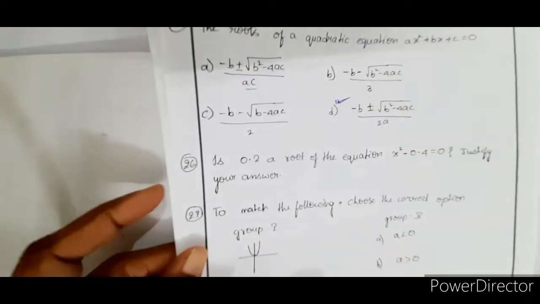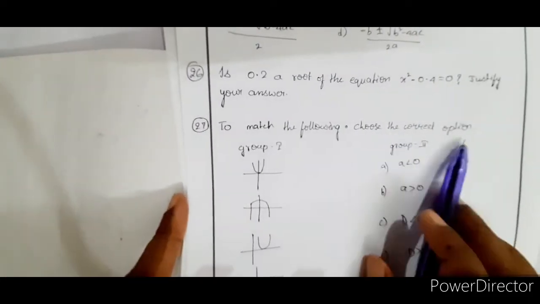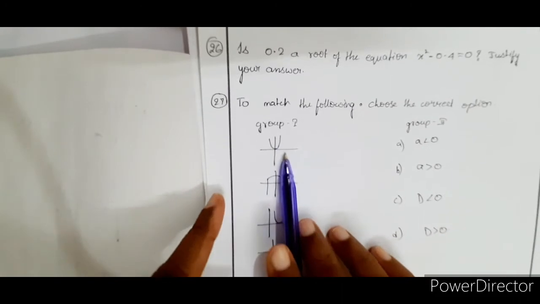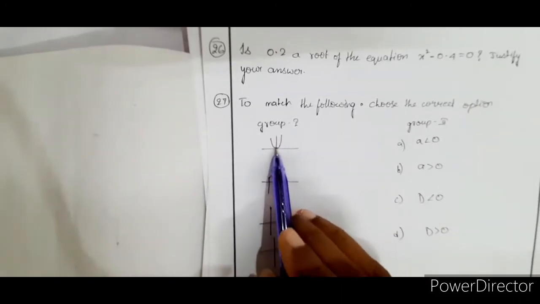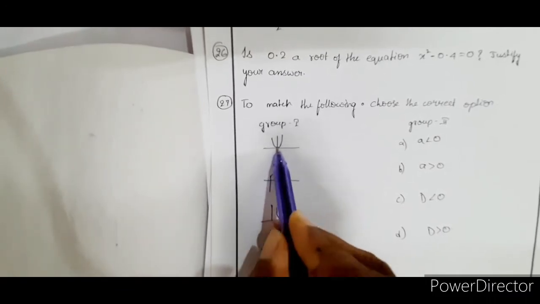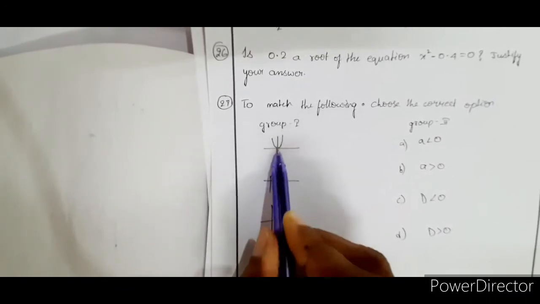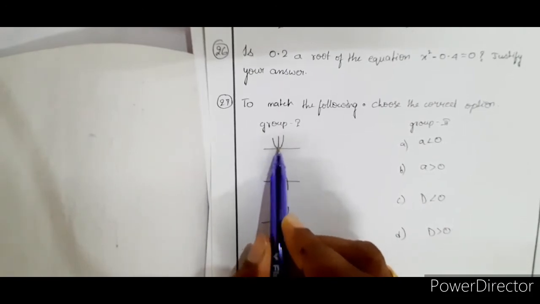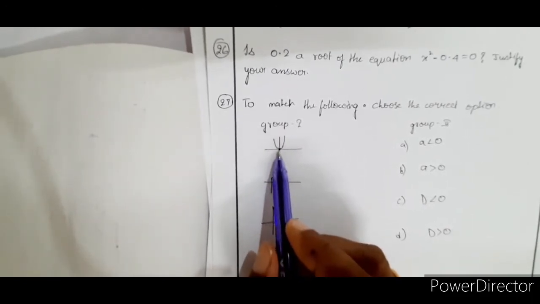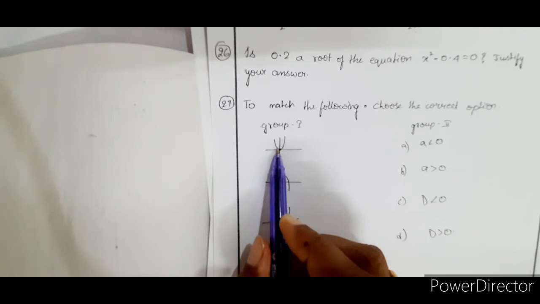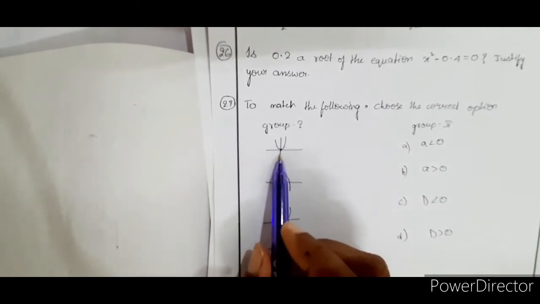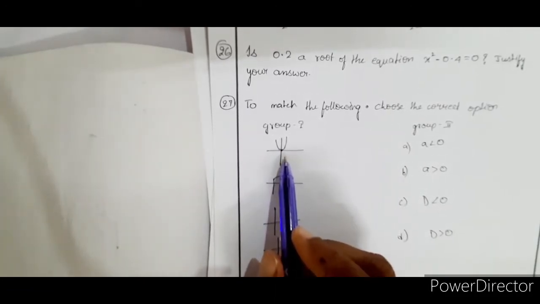Now the next one. To match the following, choose the correct option. Group 1: what is this graph saying? You have a unique root, because it is touching the x-axis at only one point, at 0. A single root is possible only when D is equal to 0.